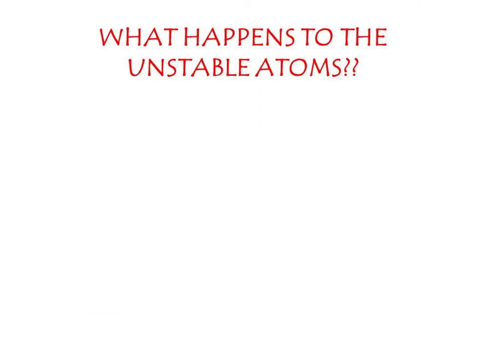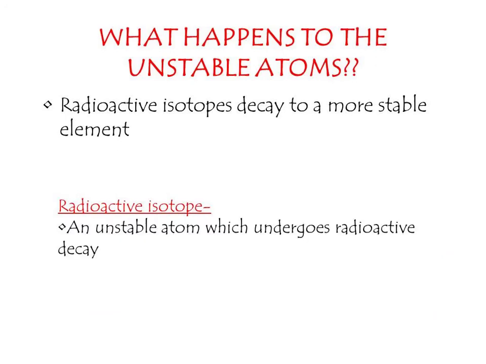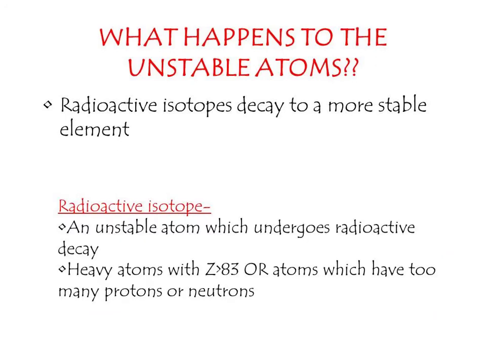They have to undergo radioactive decay until they become a stable element. The definition of a radioactive isotope is basically atoms that undergo radioactive decay, and typically these are the atoms that are heavy and have too many protons or too many neutrons.